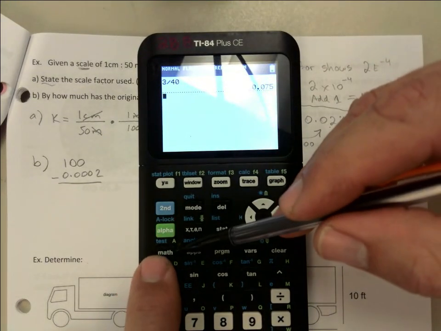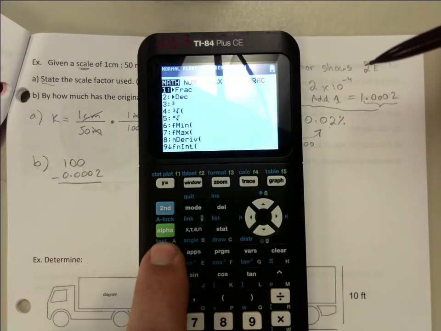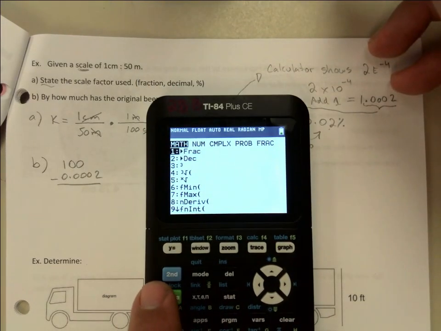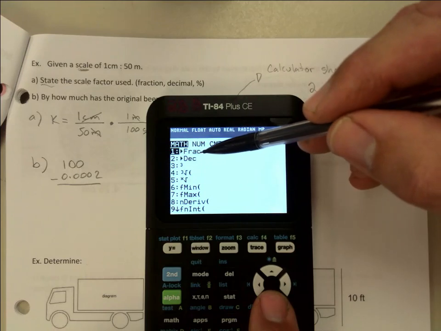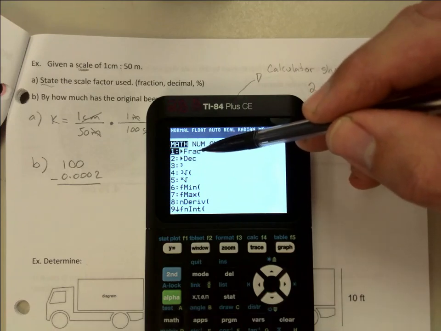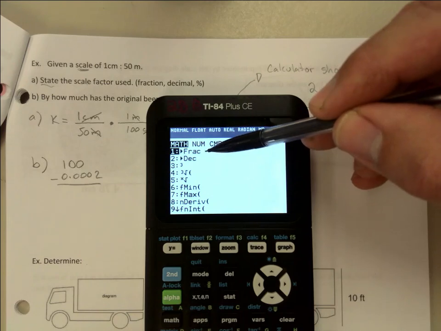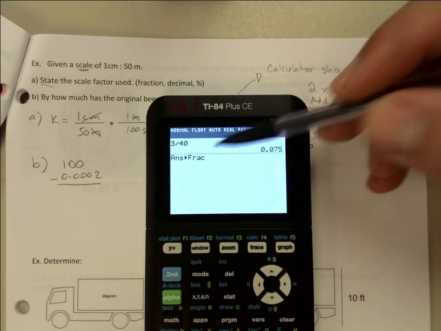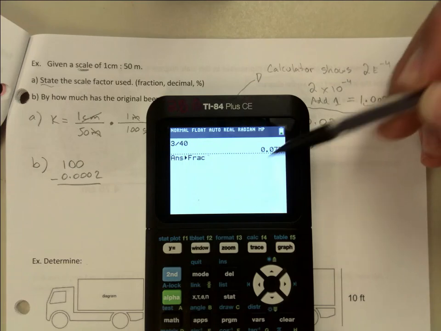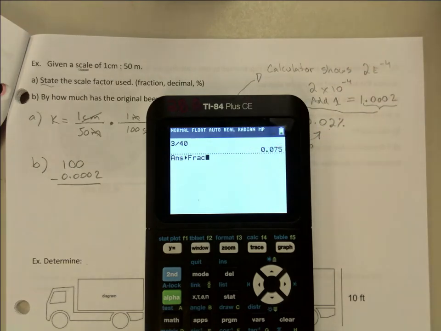You press math, right? Press the math button. And the first option is fraction. So you just hit enter basically. You don't even move down or anything. Just hit fraction. And you're basically going to take this answer and turn it into a fraction. So hit enter again. That's the fraction. It's the simplified fraction.